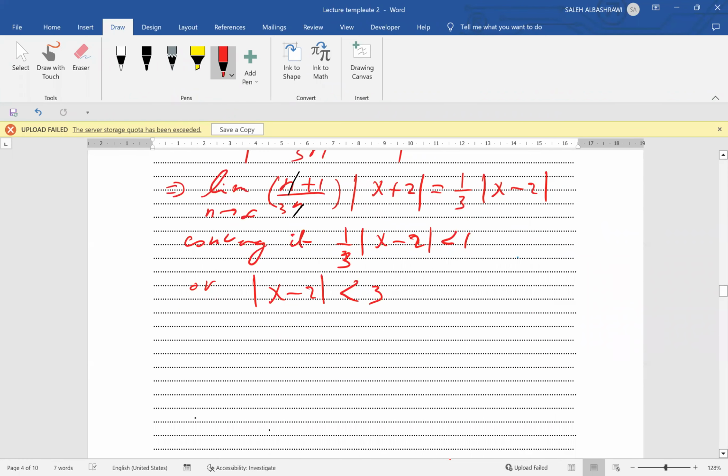It means R is equal to 3. So the radius of convergence is R equal to 3.